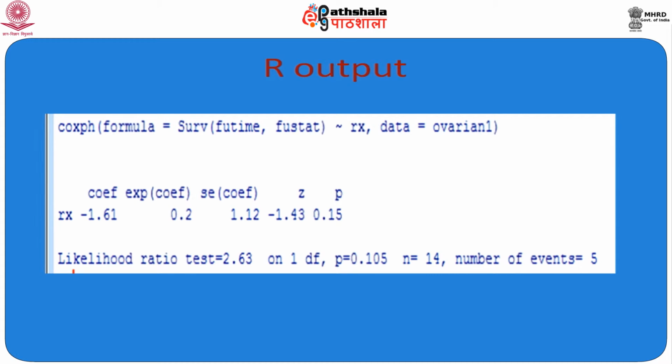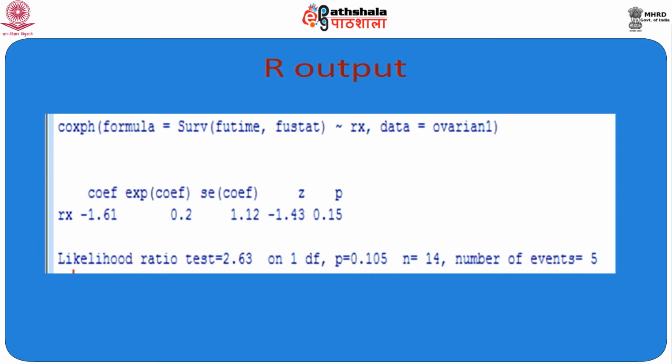Since the exponential of the coefficient is 0.2, it is quite lesser than the null hypothesis value, that is 1. So, it can be stated that Rx2 is performing better in comparison to Rx1. Those patients treated with Rx2 have better survival in comparison to those treated with Rx1.